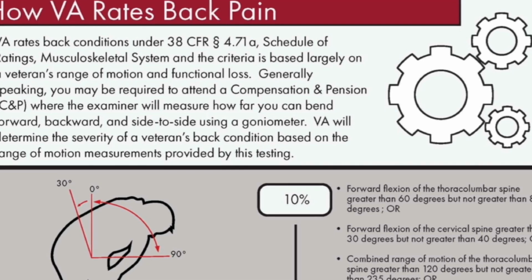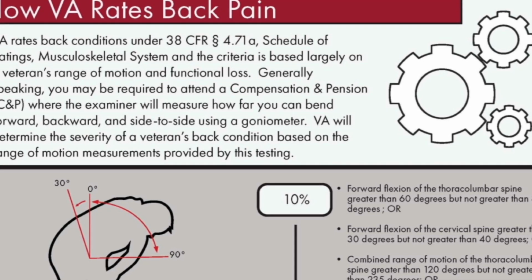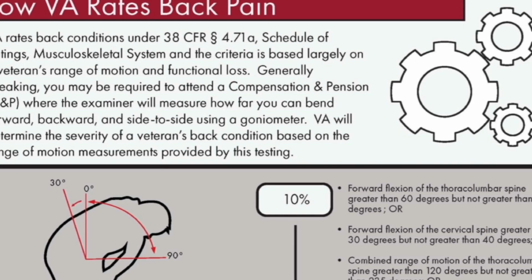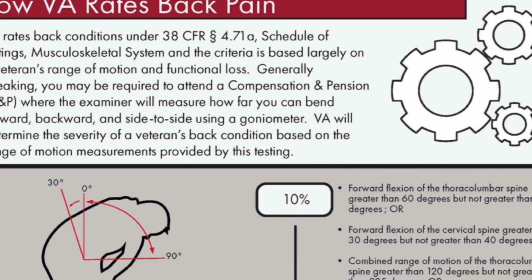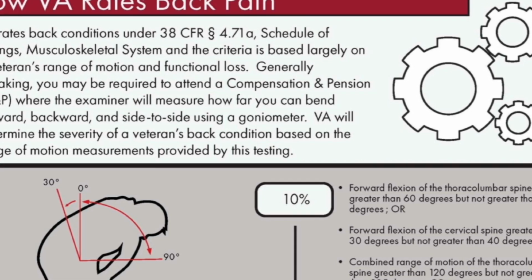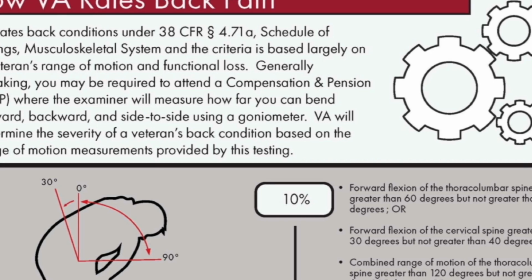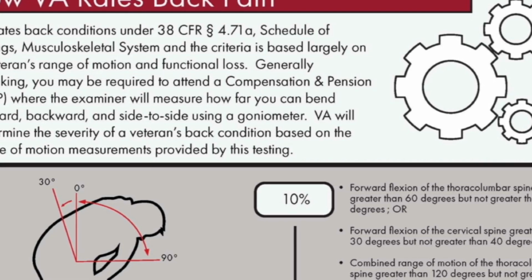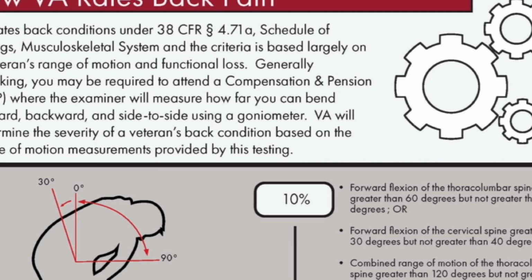He'll be using something called a goniometer, which is a little plastic protractor thing. Just a note, if he doesn't bust out the goniometer and he's eyeballing you, that is an inadequate C&P exam potentially, so keep that in mind. He needs to be busting out something to measure you with. His eyes are not calibrated to measure the difference between 19 degrees and 20 degrees.